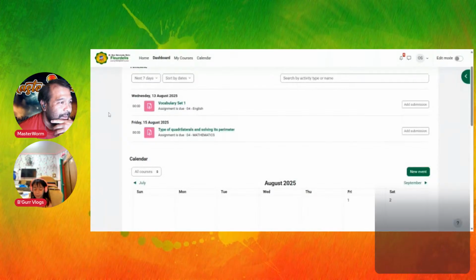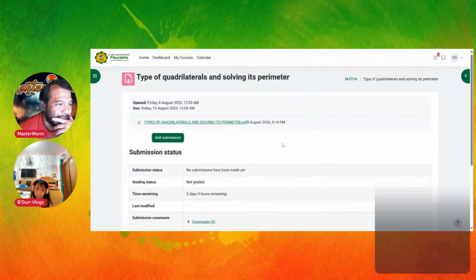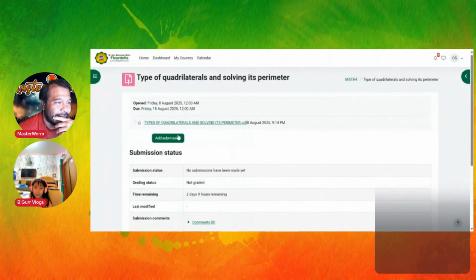You have vocabulary and your type of quadrilaterals. So you have to finish this tomorrow. You have to submit it. It says you have 2 days and 9 hours remaining. So that is the one that we're solving right now. Okay?